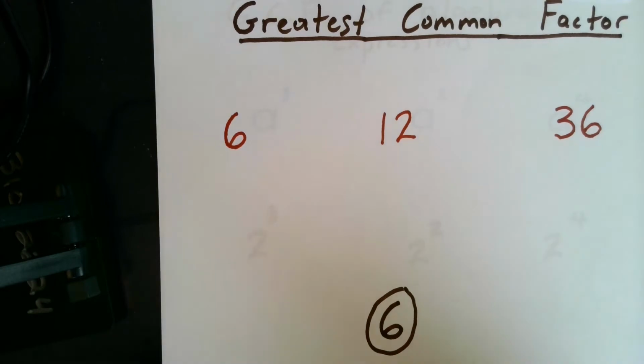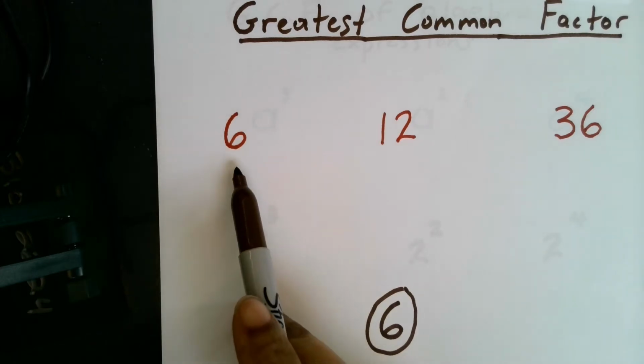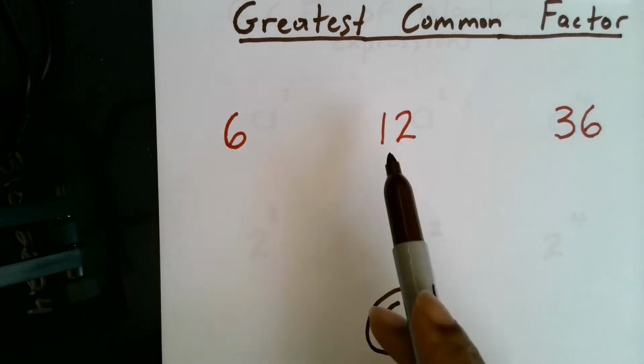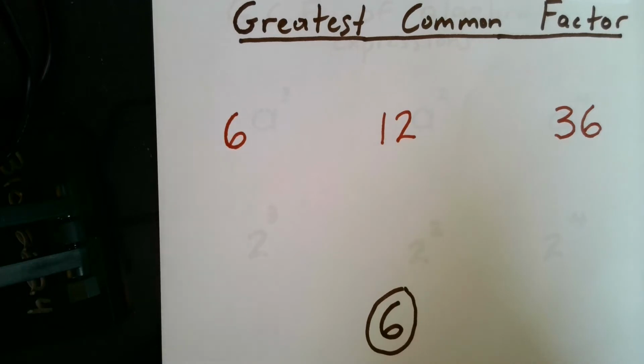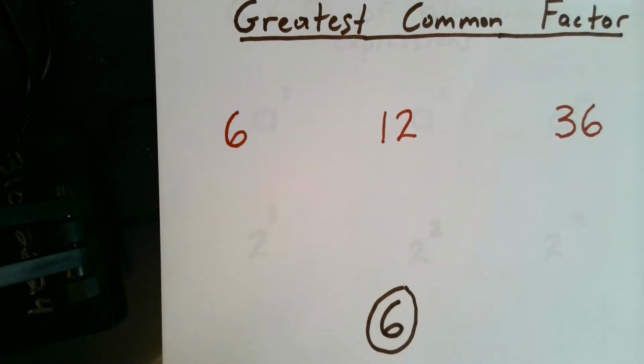So the greatest common factor is the greatest number that divides into each number without leaving a remainder. All right?